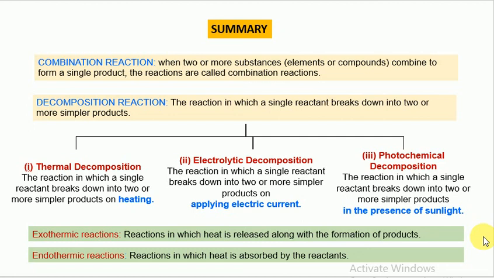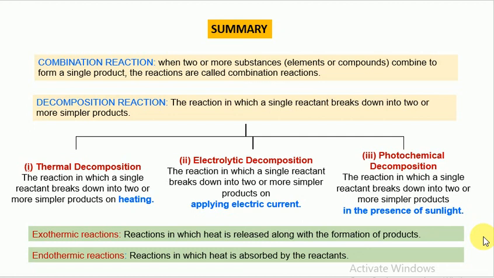So combination reaction is just the opposite of decomposition reaction. Now decomposition reaction is of 3 types: thermal decomposition, which takes place in the presence of heat; electrolytic decomposition, which takes place in the presence of electricity; and photochemical decomposition, which takes place in the presence of sunlight.